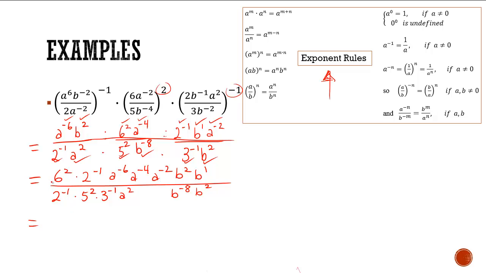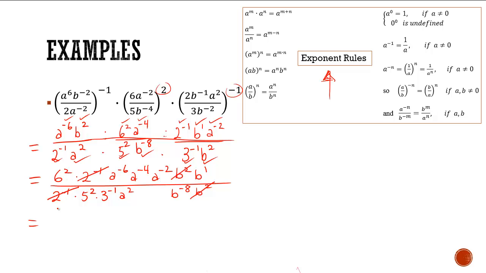Okay, so now we can look at anything that's exactly the same, and it can be cancelled. So you notice that 2 to the power of -1 and 2 to the power of -1 are the same. B squared and b squared are the same. Let's look at what's left.